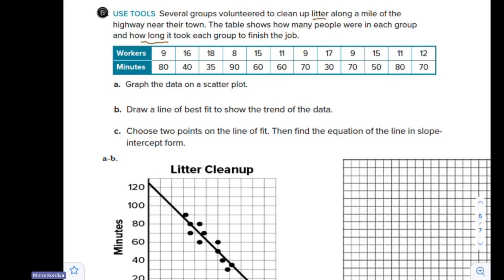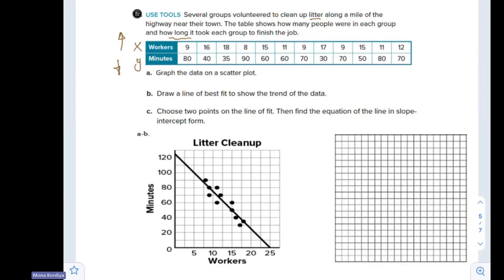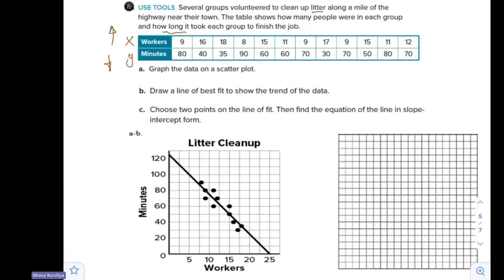Of course, you will notice that if the number of workers is more, then the time needed to clean the area will be less. So if X is increasing, Y decreases. So it should be negative correlation. Without plotting, you should know that.